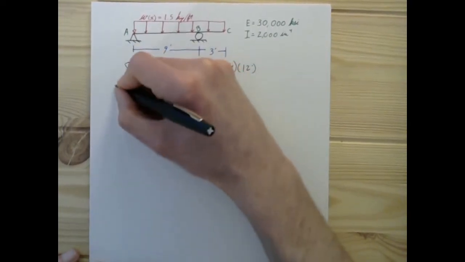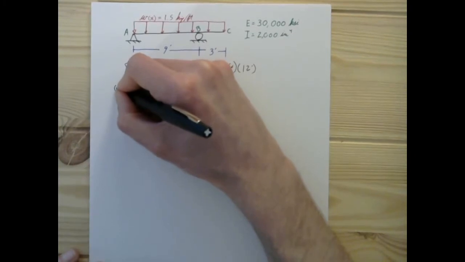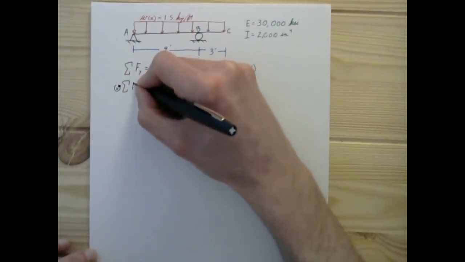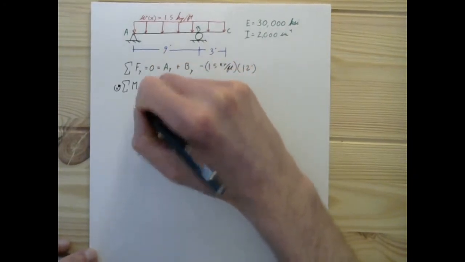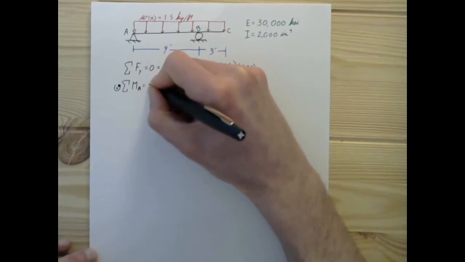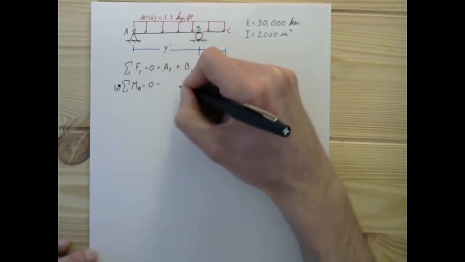And we've got our moment equation. Let's specify which direction we want to be positive. Summation of moment, let's take the moment about A. That's also got to sum to 0.